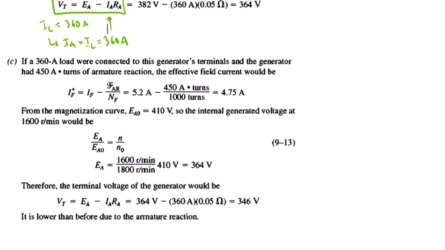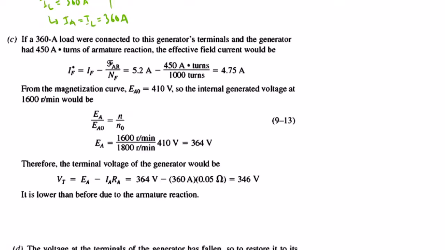Okay, question part C is the same as question B. However, now we've got armature reaction. In question B, we assumed that there was no armature reaction. To answer this question, we can either follow the way it's answered in the textbook, by using the effective field current.